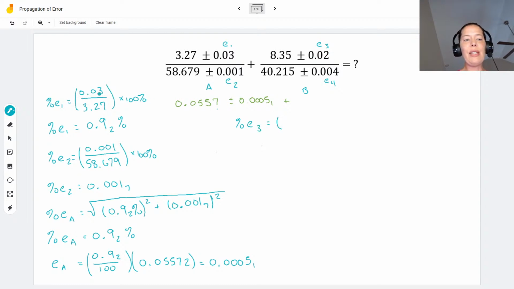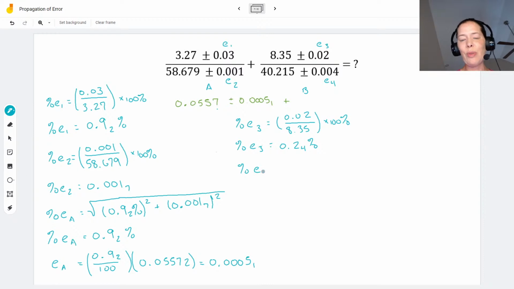I'm just doing the same thing that I did for term A. I'm going to take the error and divide by the magnitude of the measurement and then multiply by 100%. So then my percent error for term 3, let me find that calculation. Here it is, 0.24%.